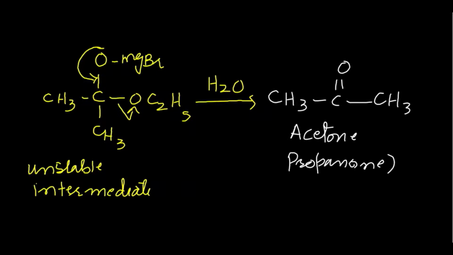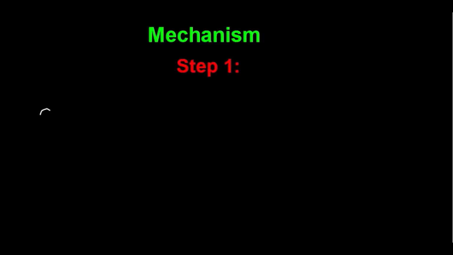Now students, we will see the different steps of how propanone or acetone is formed when we react Grignard's reagent with an ester molecule. Let's see what is the first step of the reaction.